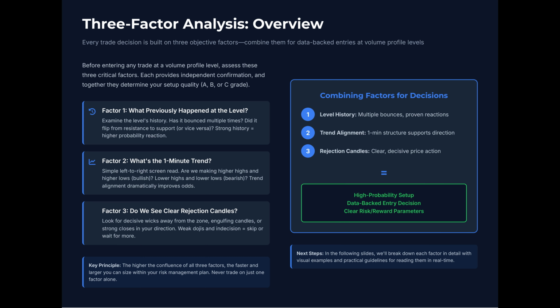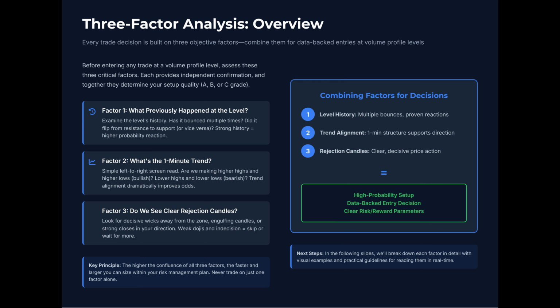Score, 2 points. Factor 3, rejection candle. At the PD VAL, price prints a bullish pin bar with a long lower wick showing buyers stepping in decisively. Strong rejection present. Score, 2 points. Total score, 6 out of 6. This is a textbook A-grade setup. You enter long immediately on the next candle with a tight stop just below the zone.